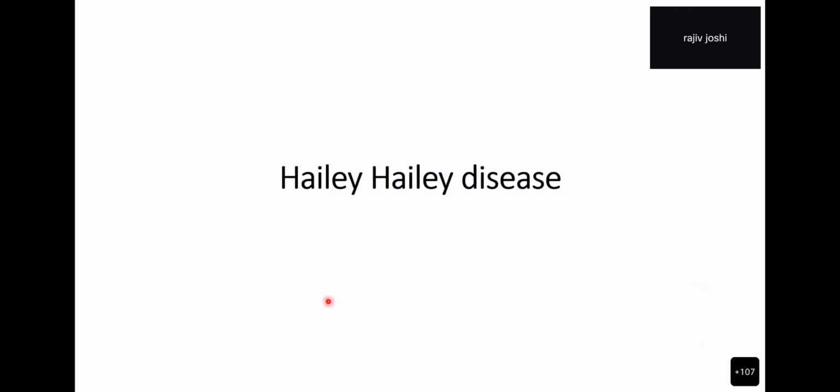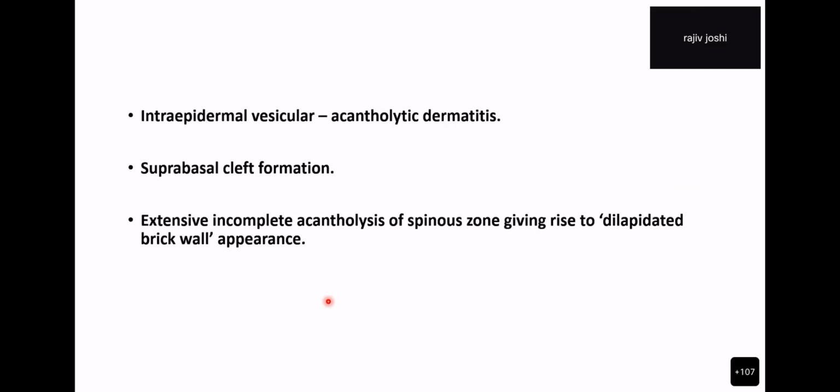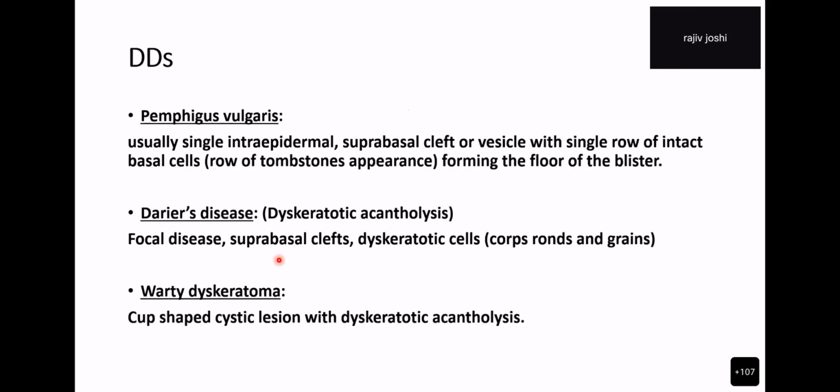As you said, all these differential diagnoses can be there: pemphigus, Darier's disease, Grover's disease. So the pattern is intraepidermal vesicular acantholytic dermatosis with suprabasal cleft formation and villi formation. There is extensive incomplete acantholysis, giving rise to a dilapidated brick wall appearance.